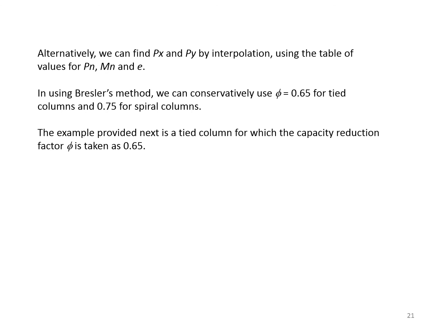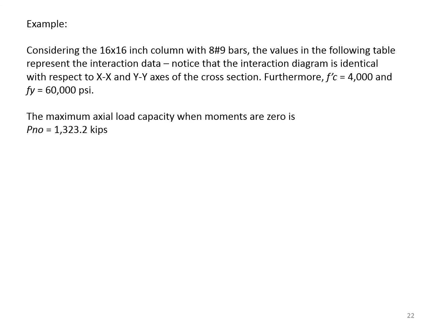The example provided next is a tied column for which the capacity reduction factor phi is taken as 0.65. In this example, we consider a 16 by 16 inch column, that is, a cross section with 8 number 9 bars. The values in the following tables represent the interaction data.